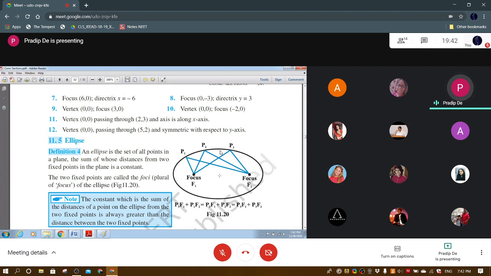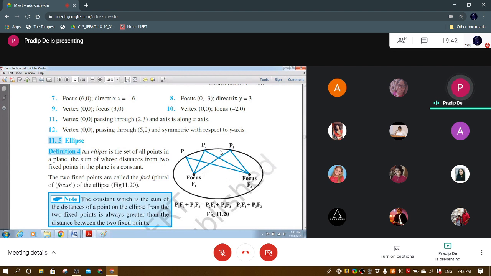And what is a center referred to any particular closed curve? A center is a point such that any chord that is drawn through it is bisected at the point. The midpoint of F1, F2 is one such point.